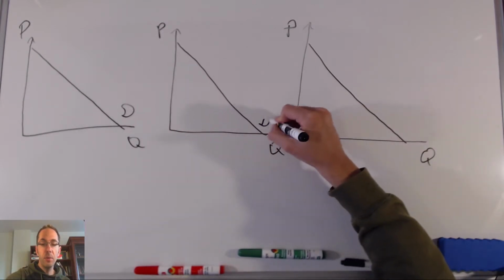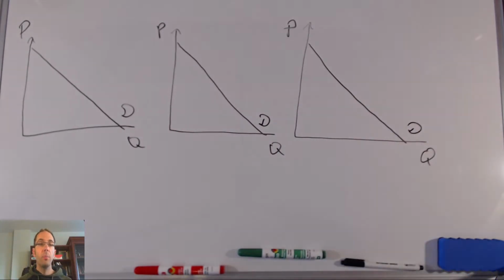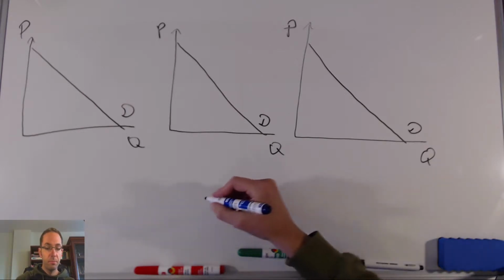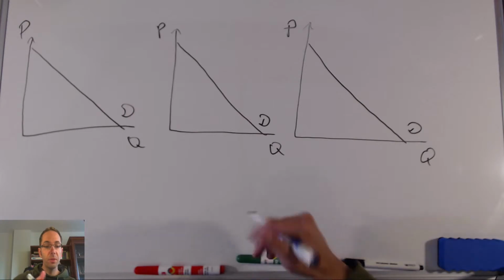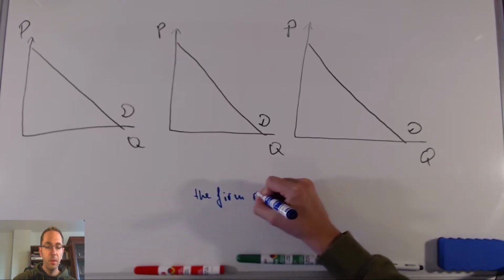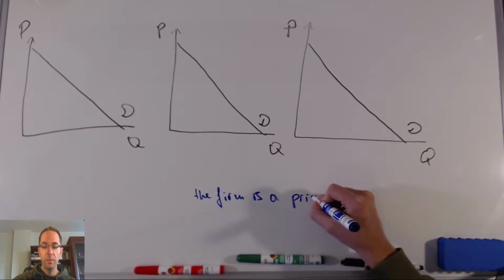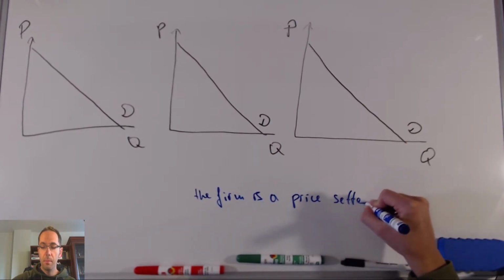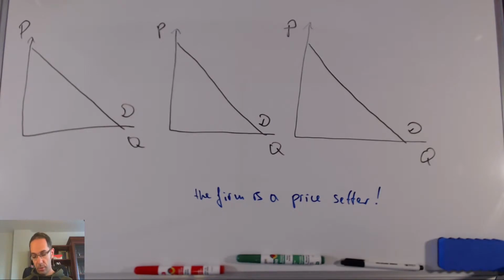In this example, the firm will be a price setter. This means that the firm can determine its own price. This is actually a fair assumption because in real life, most firms can choose their own prices, but we still need to say it specifically. So the firm is a price setter.